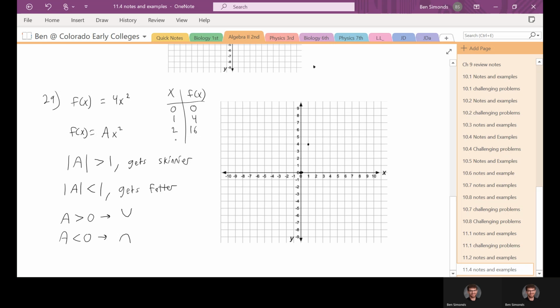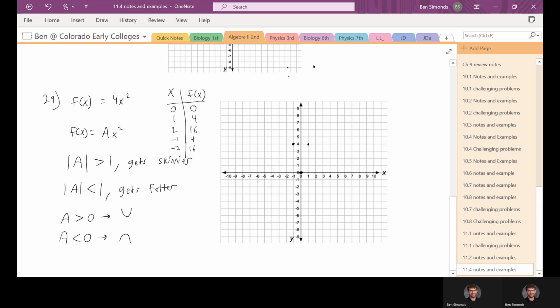And then same thing on the other side, right? Because it's symmetrical. So -1 is also going to be 4, because -1 squared is +1, +1 times 4 is 4. And same thing with -2 is going to be 16. So -1, 4, -2, 16. We're kind of encroaching on this graph up here now. There we go. Something like that.